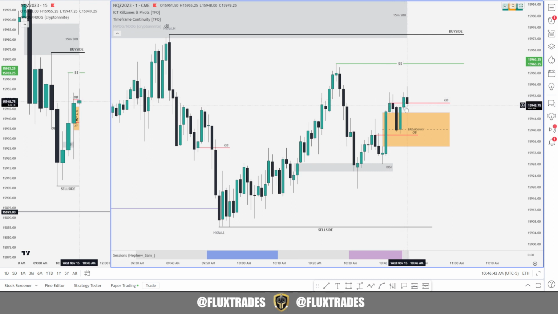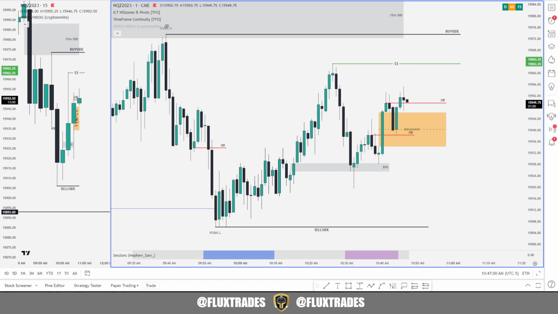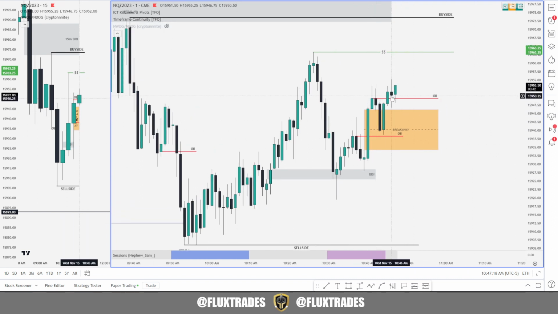So here we close above it, tap into the order block. I'd like to see it used now. Candle buys respecting the premium end of there.